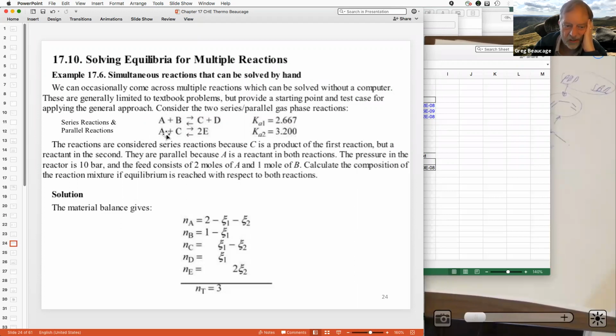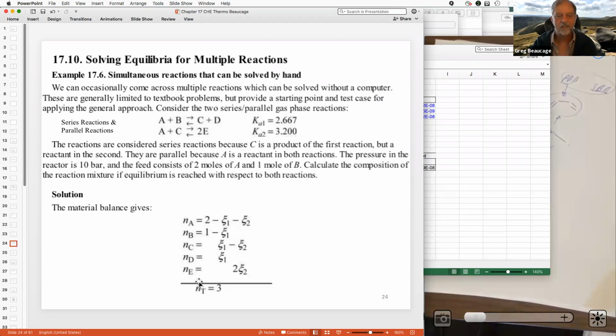If A is consumed in both, and you start with 2 moles of A, so you have excess A, then the number of moles of A is going to be the 2 that you started with minus the reaction coordinates for both, because both consume it. And then B is only consumed in reaction 1. C is produced from one and consumed by the other. And then D is produced by one and E is produced by two, and it produces 2 moles.